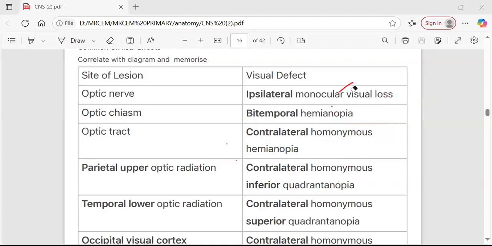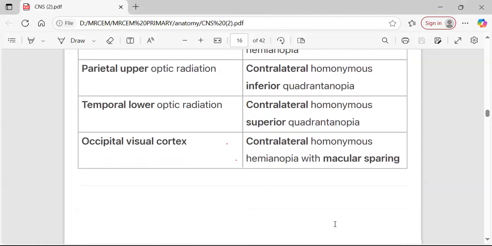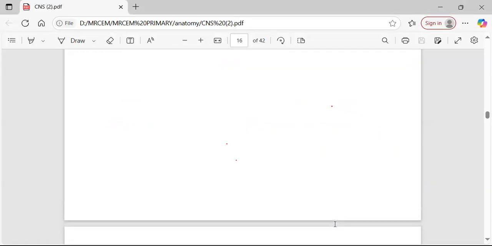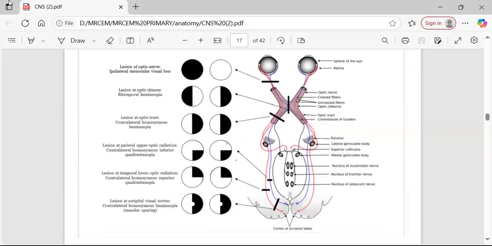Occipital lobe, we have discussed about the macular sparing because of dual supply. Homonymous hemianopia with macular sparing. This is very important. You can see in the diagram that if there is an issue on the right optic nerve, so ipsilateral monocular visual loss, optic chiasm, bitemporal hemianopia, and lesion at the optic tract, contralateral homonymous hemianopia. So if there is an issue at the left, that is left temporal area and right nasal area.